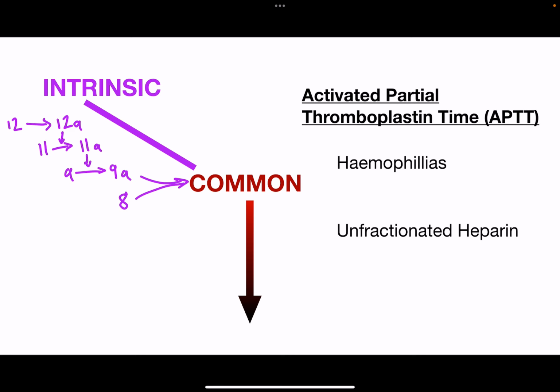Unfractionated heparin as well, they inhibit factor 9, factor 10, and thrombin as well. So that will prolong your APTT. And if you've got someone on a heparin infusion, you will often use the APTT to guide the dosing for that. DIC as well will prolong your APTT.